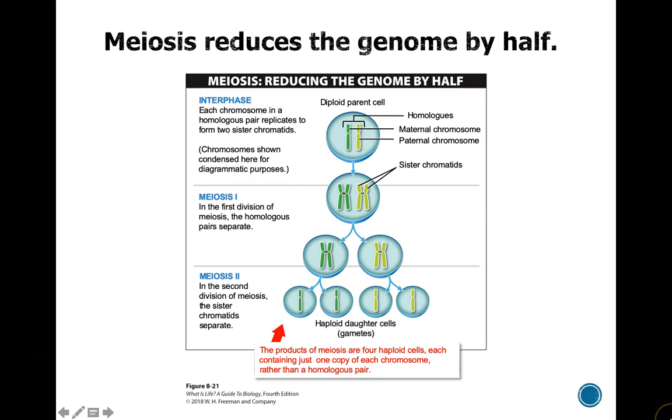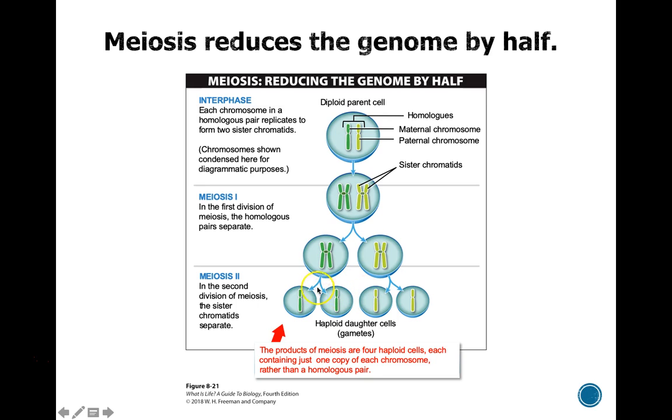Meiosis, though, is a two-step process, and that's because we have to reduce the number of chromosomes. So in the first half, in meiosis 1, we are going to separate these homologous chromosomes. So we have separated the chromosome that came from mom from the chromosome that came from dad. In the second half of meiosis, meiosis 2, we are going to separate our sister chromatids.